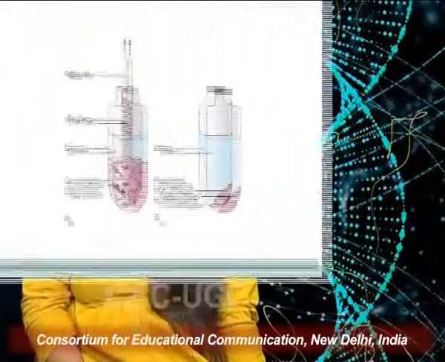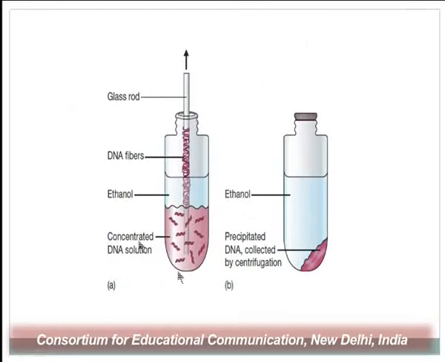Now again, there are two methods that are generally used. One, if there is a large amount of DNA in a volume, and you still want to reduce the volume, you can add the salt solution and pour the ethanol on top of it, and use a glass rod. Because of an electric charge difference, the DNA molecules will stick onto the glass rod.